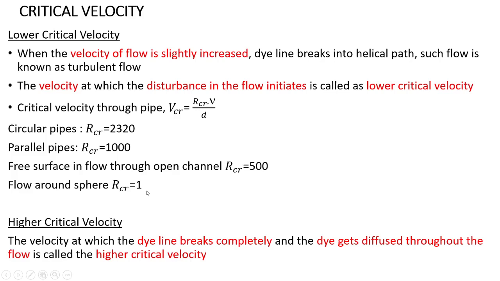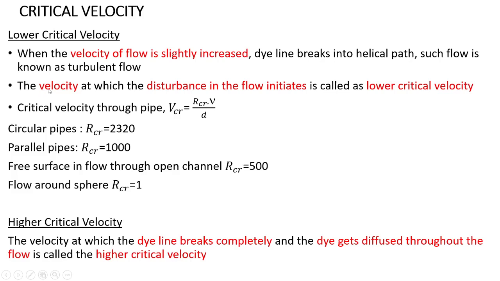Now, we will move towards the higher critical velocity. The velocity at which the dye line breaks completely and the dye gets diffused throughout the flow is called the higher critical velocity. See the difference between lower and higher.